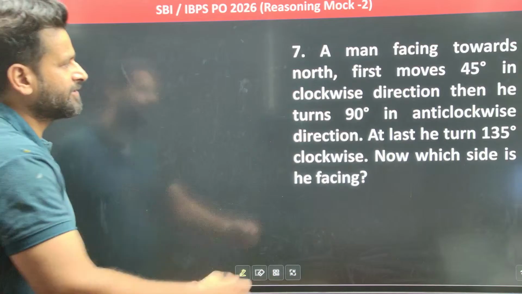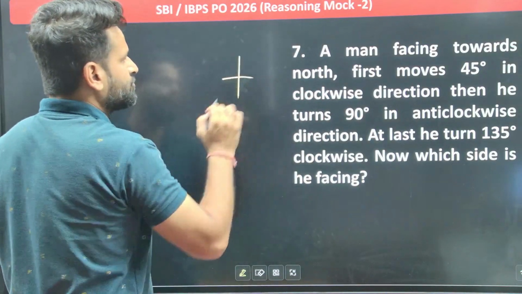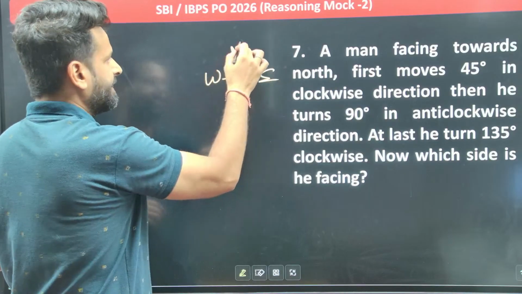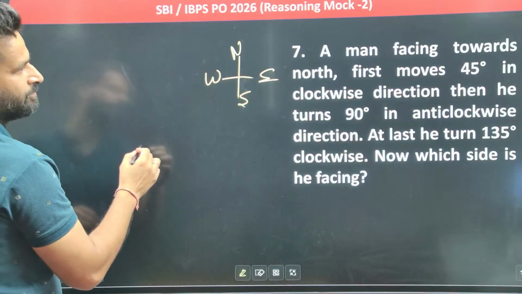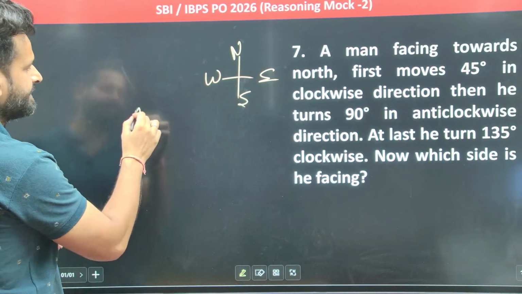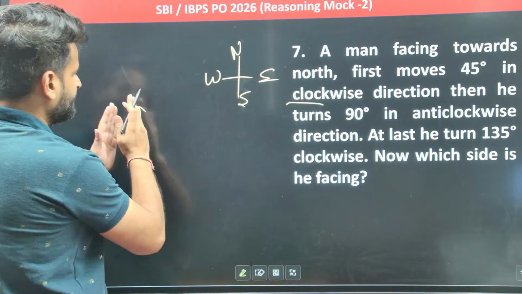A man is facing towards north. So if nothing is mentioned, this is our usual sign convention. This is east, west, north and south, right? A man is facing towards north, first moves 45 degree. This is my initial facing north. Now I am moving 45 degree in clockwise direction.